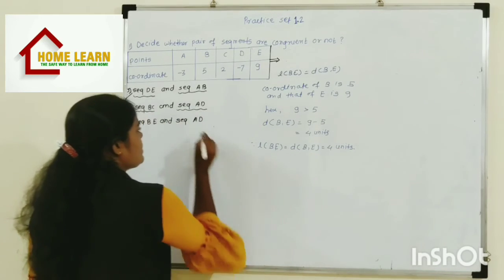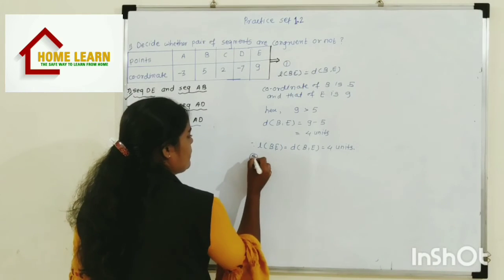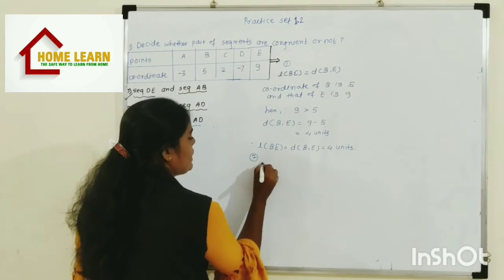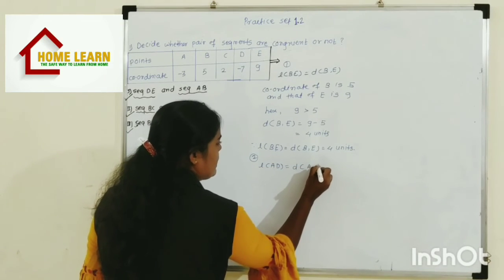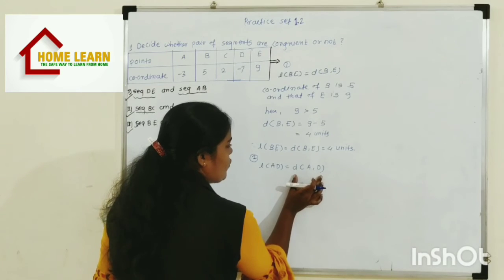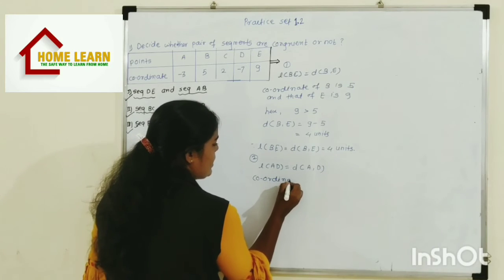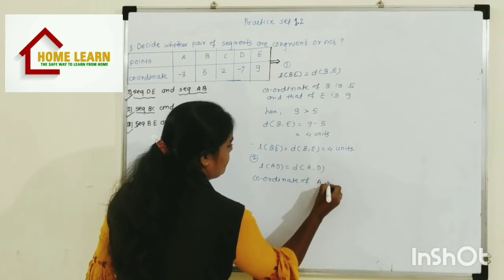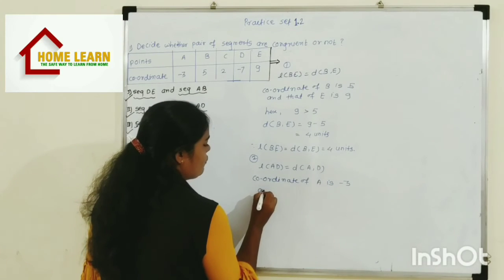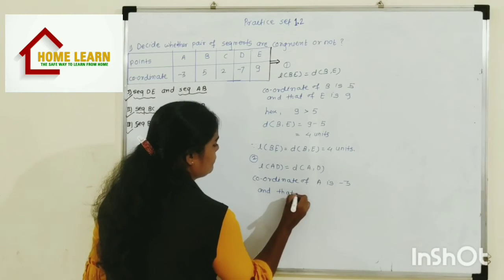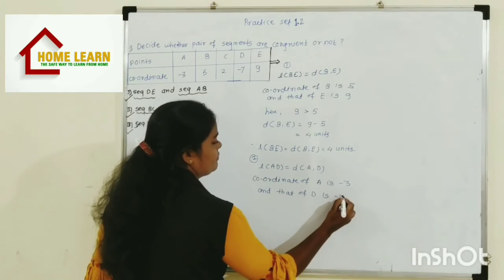Let's take the second segment, that is segment AD. This is the first one and this is the second one, segment AD. For AD, the length of segment AD is equal to the distance between point A and D. Now calculate the distance between point A and D. So first write their coordinates. The coordinate of point A is -3 and that of D is -7.